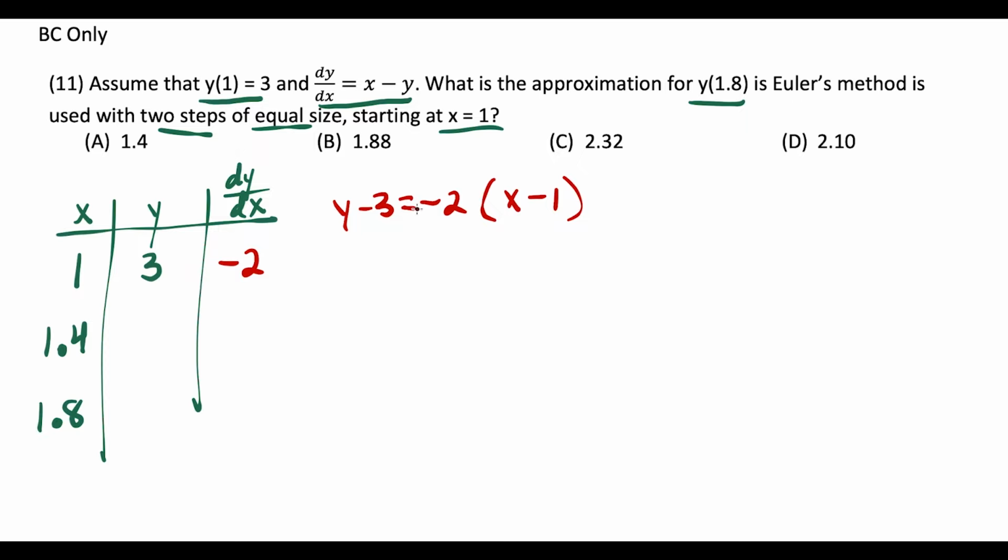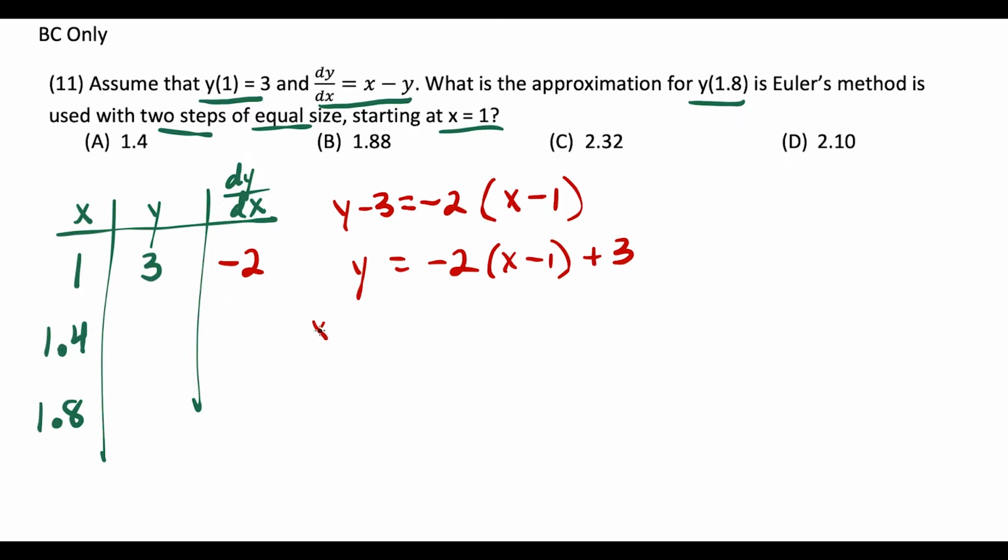Now, when I'm doing this work on my actual paper, I just add the 3 to the other side. I don't bother writing the step before it, but this is just to show all the steps, that we're writing the equation of a line. So now you use the tangent line to evaluate this second row. We're going to get an approximation for y at 1.4.